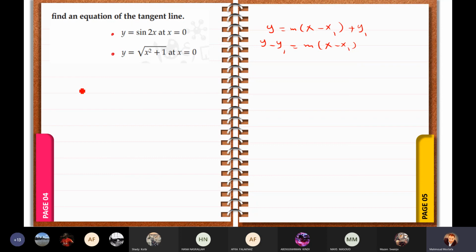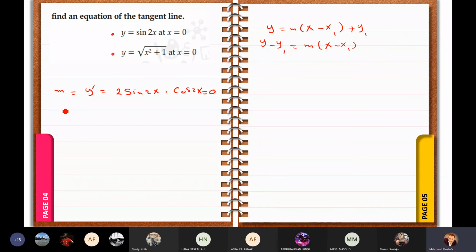Okay, now m for the first one will be what? Y prime. Sine 2x, it will be 2 sine 2x multiplied by cosine 2x. At x equals 0 will be 0. So m here is 0.